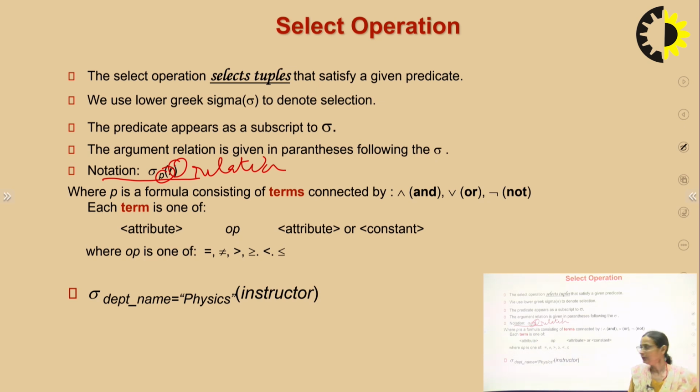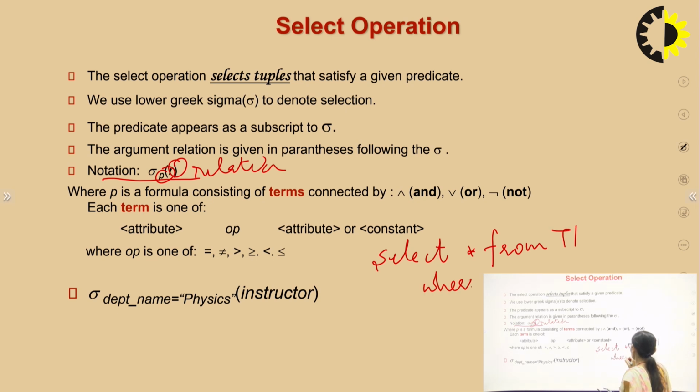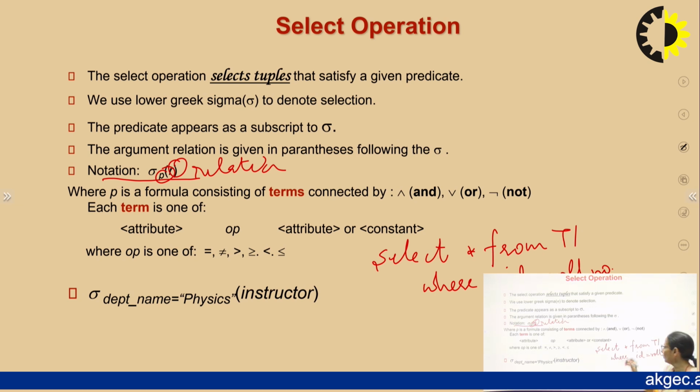For example, in an SQL query, for instance a simple query, you are selecting all the attributes from a relation, and here the relation in this case is your table T1, where the condition is this. So in this case, what is the predicate?